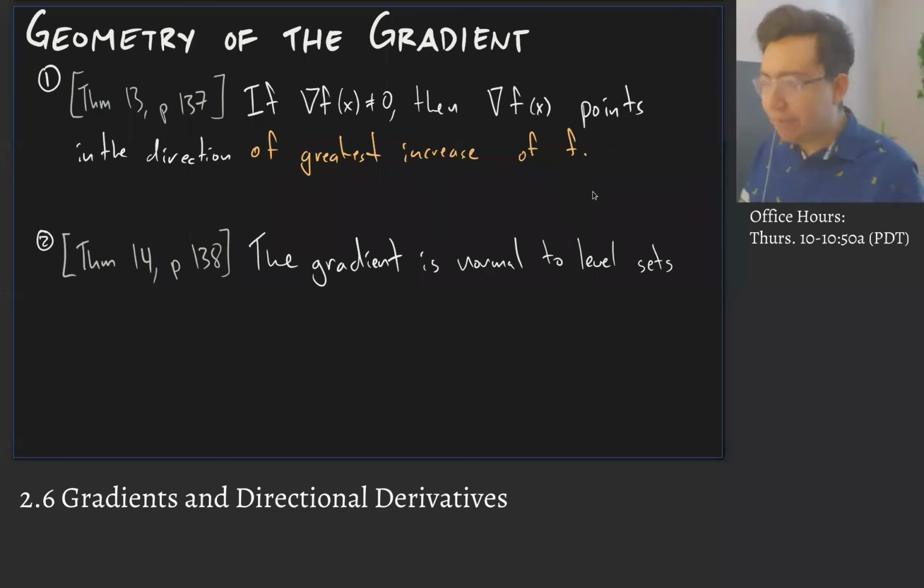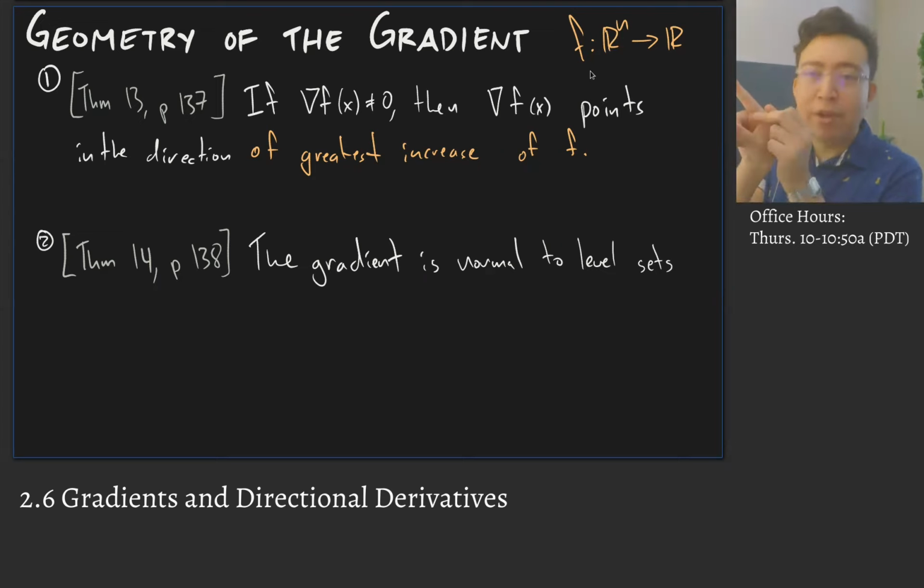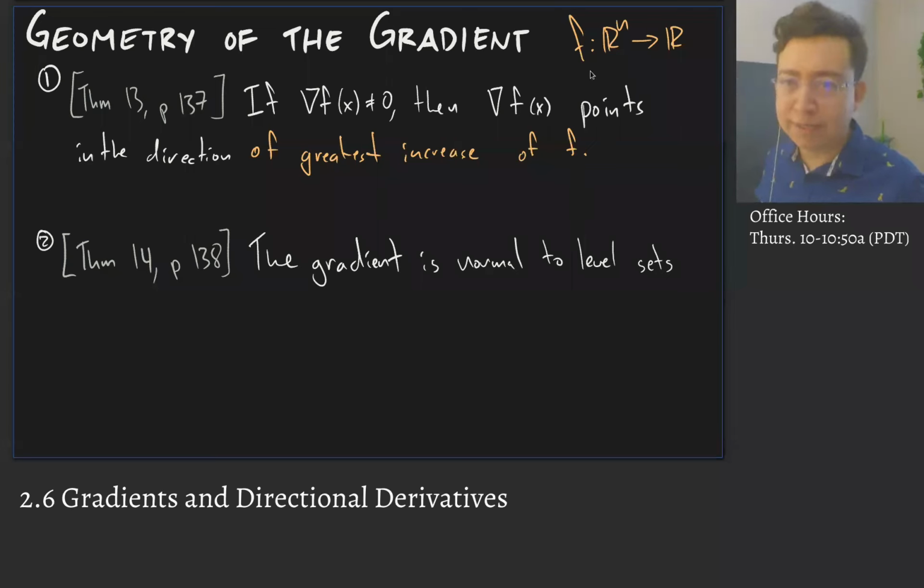So f is a function from R^n, and since we're talking about gradients, it should be scalar valued. The gradient of f will be a vector, and that vector will live in R^n. It's saying that at a point, if I plug in a specific point, the vector gives me a certain direction, and if I go in that direction, that's the greatest rate of increase I could possibly take for f.